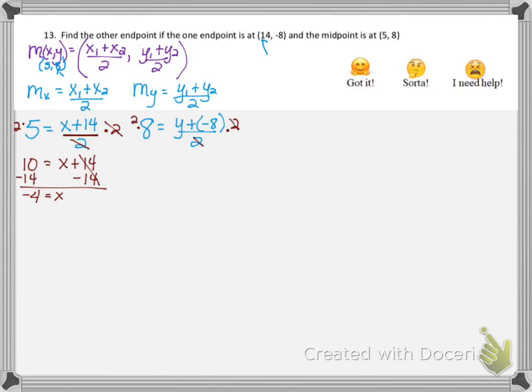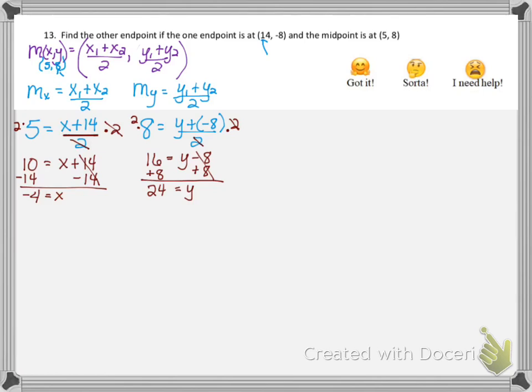So that's unlocked. 2 times 8 is 16 equals y plus negative 8, which is the same as y minus 8. We want to add 8 on both sides. And this goes away. That's what we want. And so 16 plus 8 is 24.